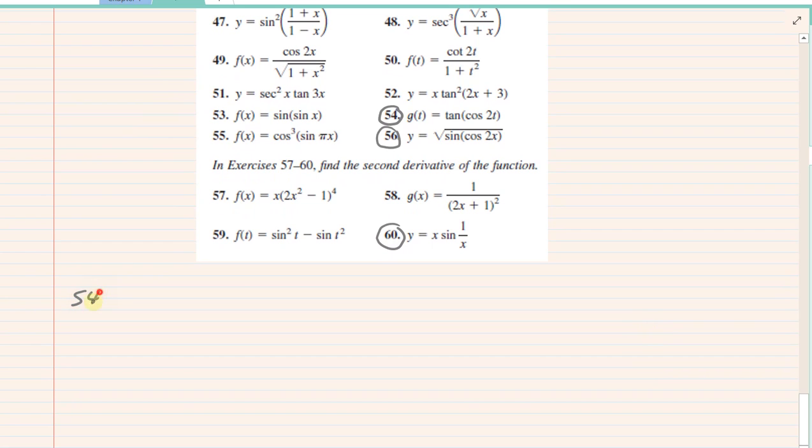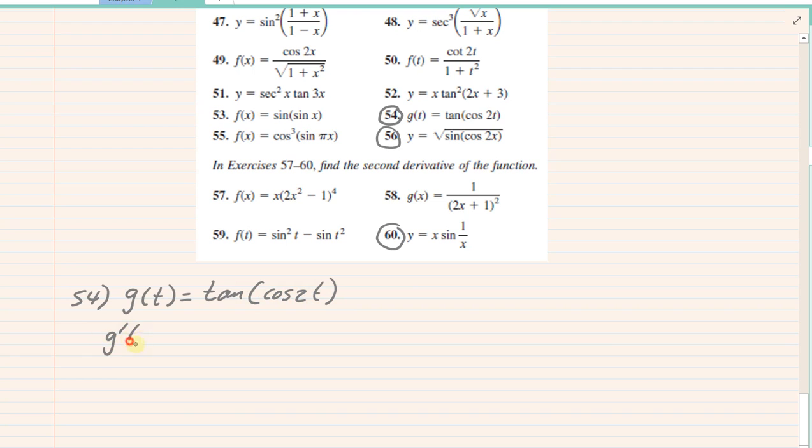So in number 54, we have g of t is tangent of cosine of 2t. So it's tangent of something, right?